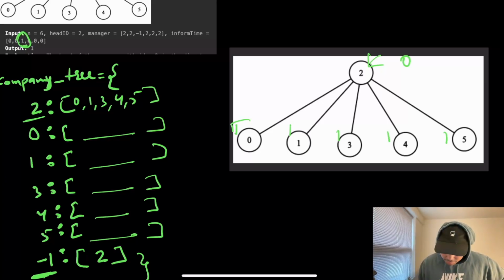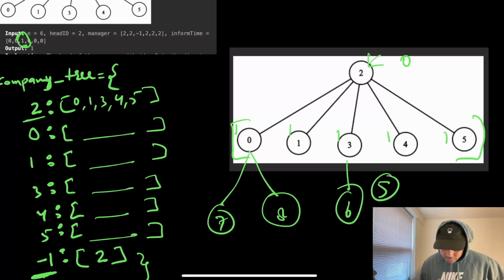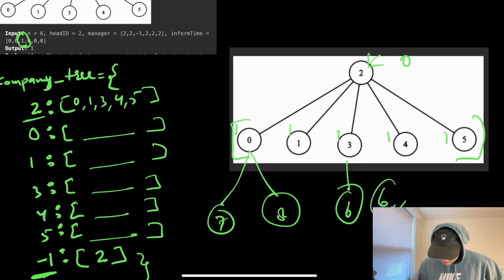We basically find out the maximum, because these nodes might have further employees 7 and 8, and this might have 6, but then this might take, let's say, 5 minutes to send the information over here. Then this will basically become 6 at this point in time, and then this takes, let's say, 2 minutes.